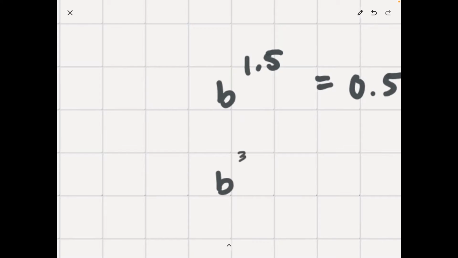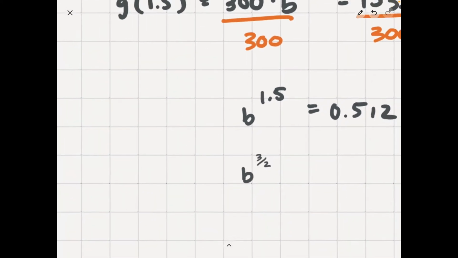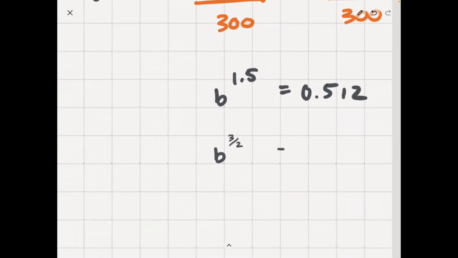b to the 3/2 power, and this is equal to 0.512. So if I want to undo cubing it and then taking the square root, that's what 3/2 means, I need to use the inverse of that. So what's the opposite of cubing something and then doing the square root?